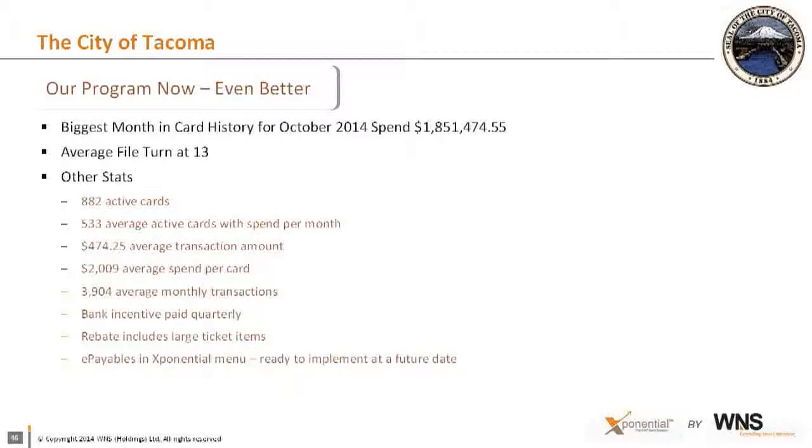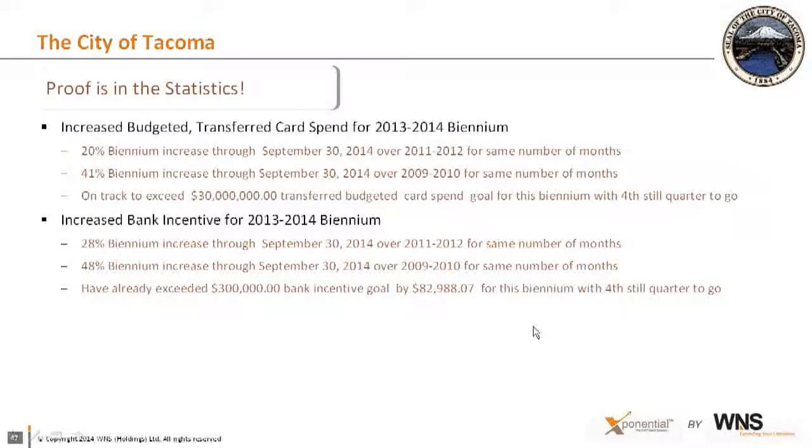So I just foresee all kinds of growth in the future. And you can see from these stats, October, we had 1.85 million in transferred spend. Our file turn is at 13, and you can see what our stats are. So they compare pretty nicely for the size of our city with what's expected for best practices.